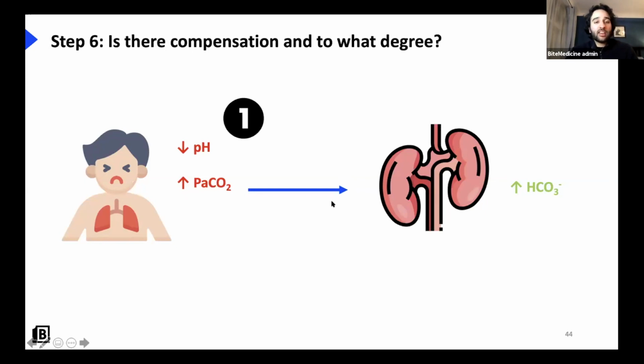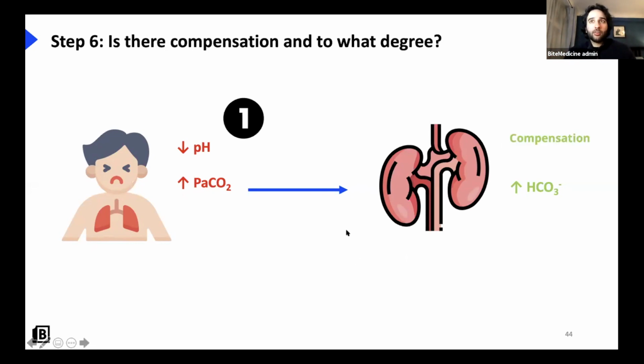Can anyone say in the chat what this would be called? What would you define this whole system as? What's the definition of this compensation? We've got metabolic compensation, but what's the primary problem? Good, Pooja, perfect.